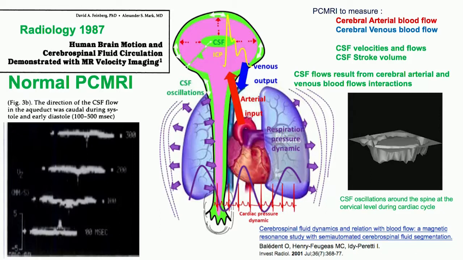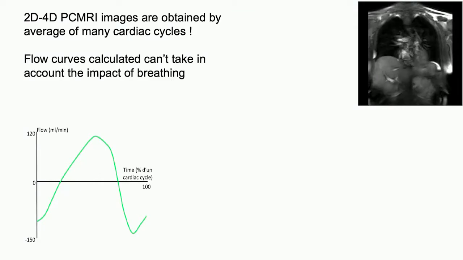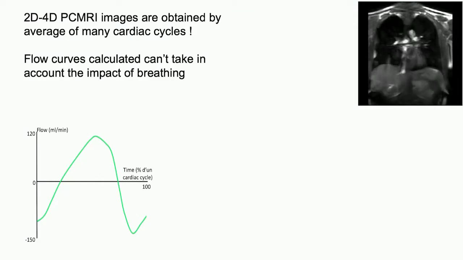So I was very happy, I was very young. But we use a special technique, the PCMRI, everybody knows PCMRI, to get this information. It is only this technique that can measure and quantify the CSF oscillation.